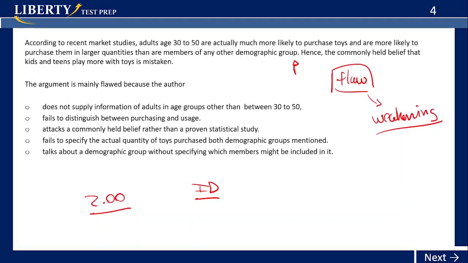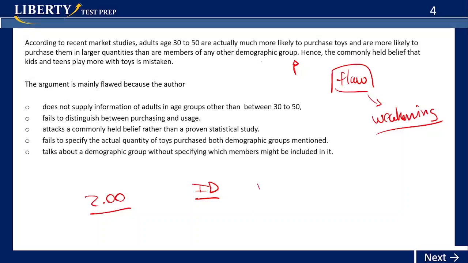Okay, so first what they're saying is adults are the ones buying more toys. Okay, adults between the ages of 30 to 50. Okay, and then they say this would support the theory, the belief that actually kids and teens are not the ones playing more with toys because adults buy more.